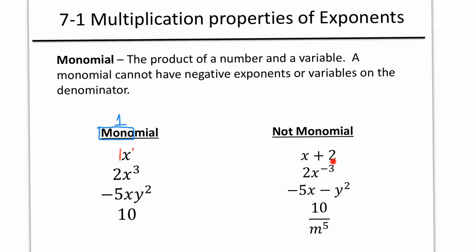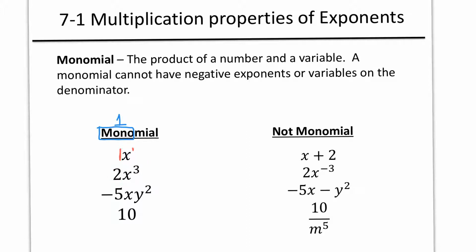This is actually called a binomial. We looked into that in the first semester of the class, but this is not a monomial, since mono means one. It's a binomial because it has two terms: x is one term and the number 2 is a second term. But right now, for this section, we're just looking at monomials. So let's look at the next example.